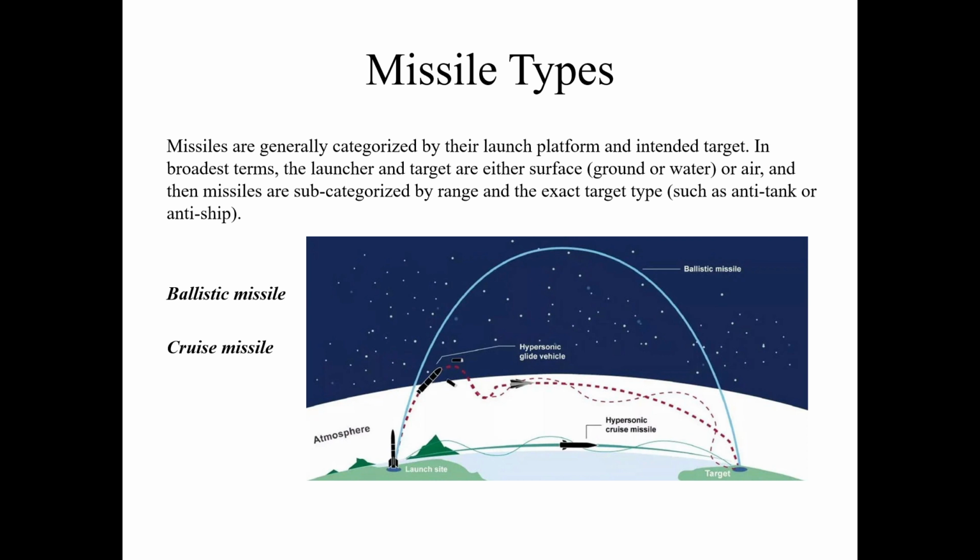So it can be a hypersonic glide vehicle. The first phase of any hypersonic or supersonic glide vehicle will be a booster, which will provide some initial velocity. After the first phase, the booster will be separated from the missile, and the gliding system will glide. At the same time, the hypersonic cruise missile will be flying at a much lower altitude than that of the glide vehicle.